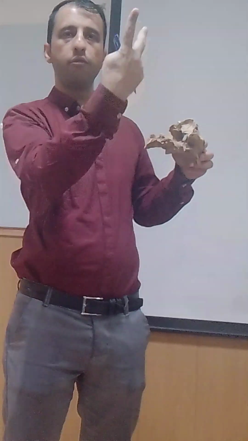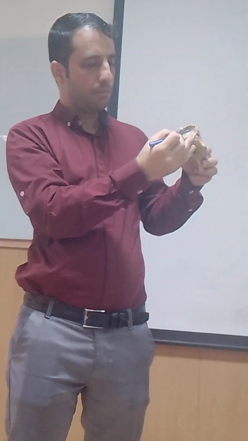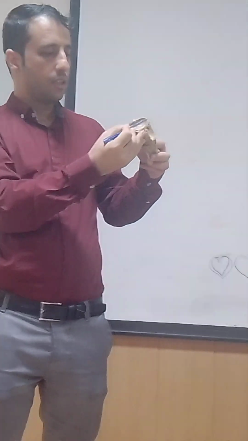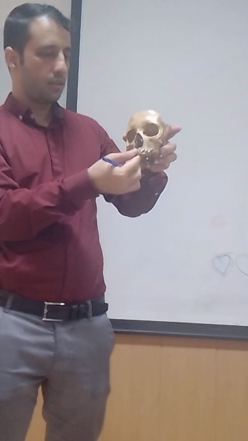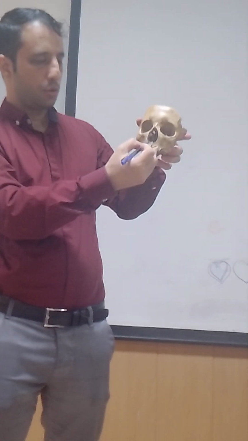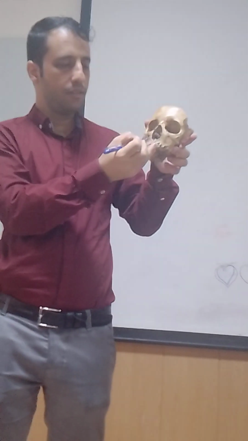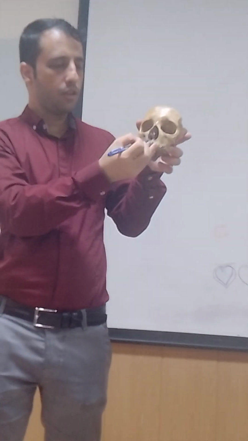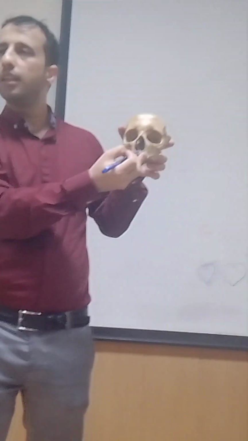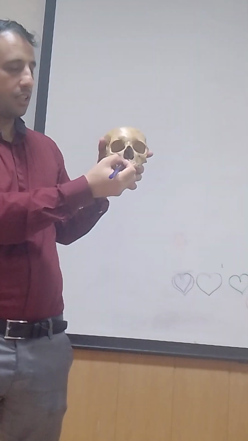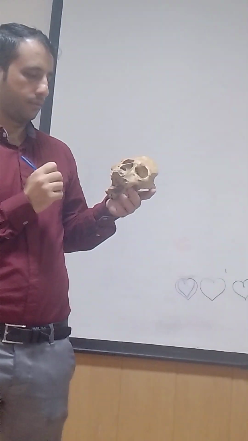The incisive foramen is Y-shaped. It begins from this area and travels superiorly to arrive at the inferior part of the nasal cavity, just lateral to the anterior nasal spine. It is the anterior nasal spine.